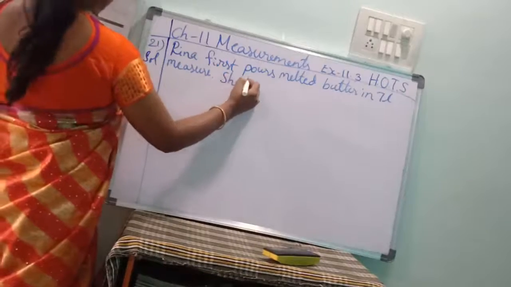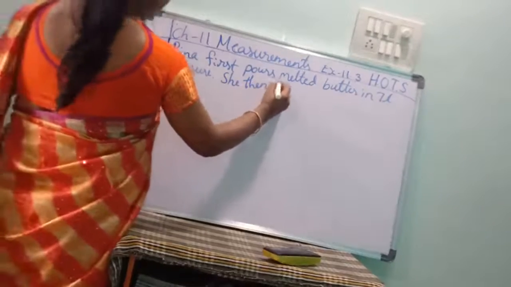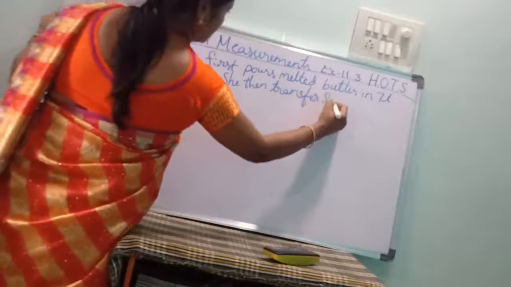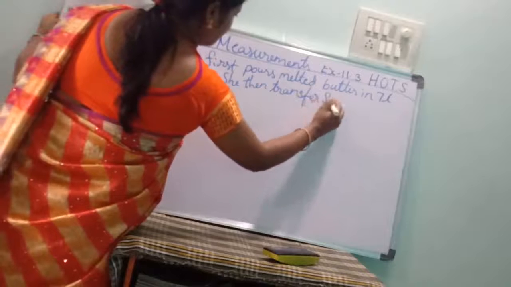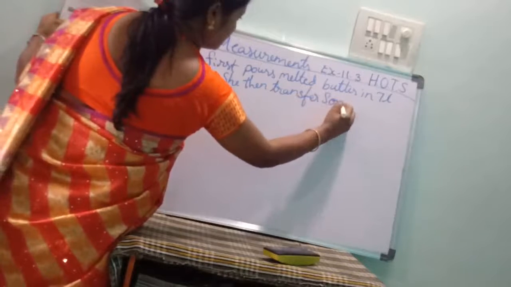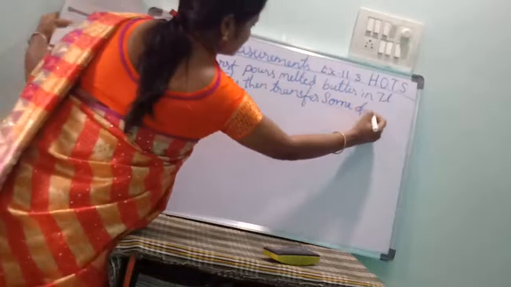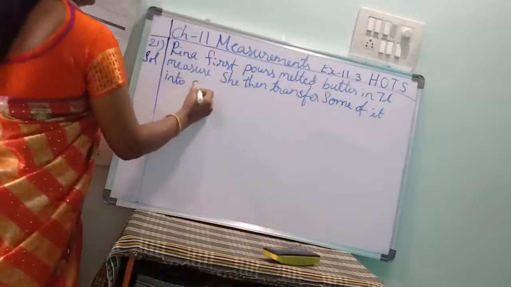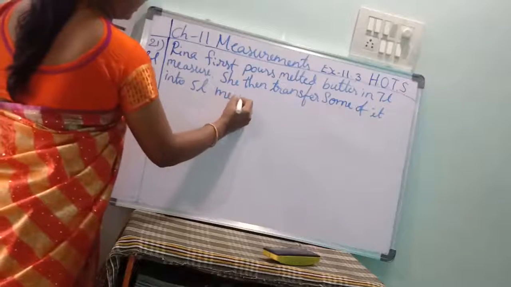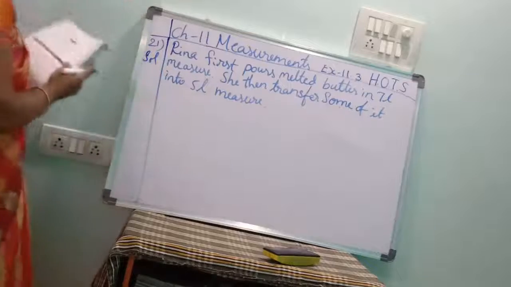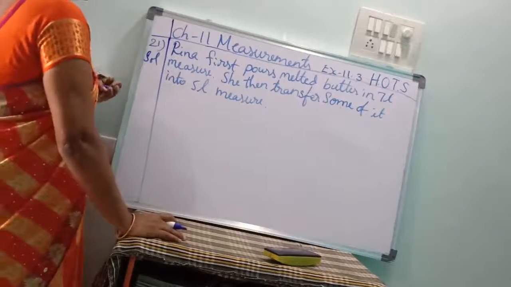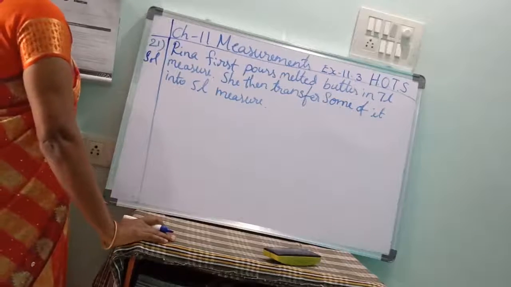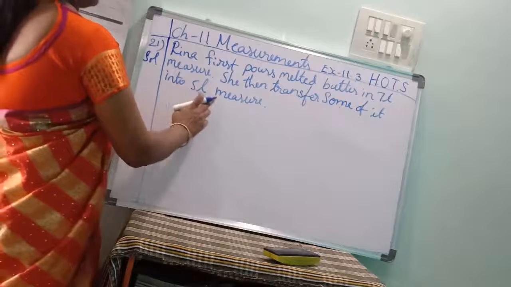She then transfers some of it into the 5 liter measure. What do you have to do? First, she pours melted butter into the 7 liter measure. Then she transfers some of it into the 5 liter measure.